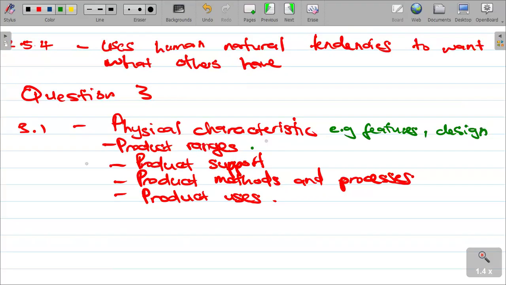The product range was extended, etc. Product support, we're talking about after sale.